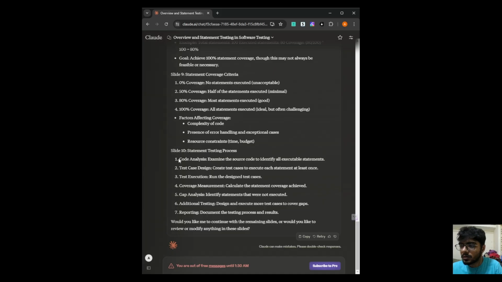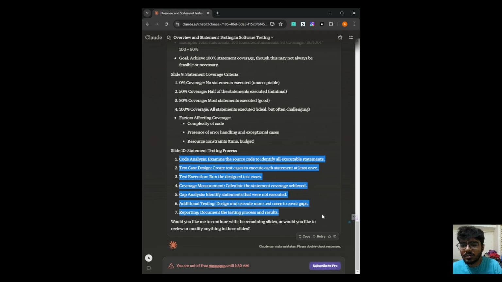In code analysis, we examine the source code and identify all the executable statements. In test case design, we create test cases to execute each statement at least once. Then we run the designed test cases. Coverage measurement: calculate the statement coverage achieved. Gap analysis: identify the statements that were not executed. Additional testing: design and execute more test cases to cover the gaps.